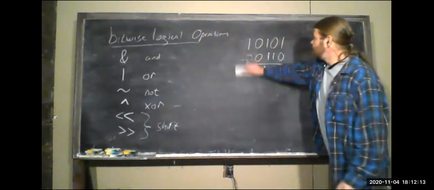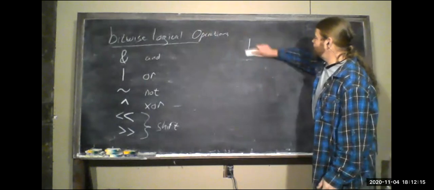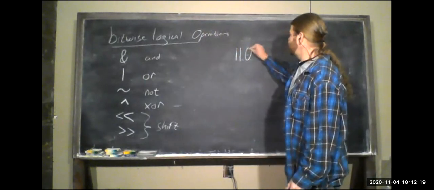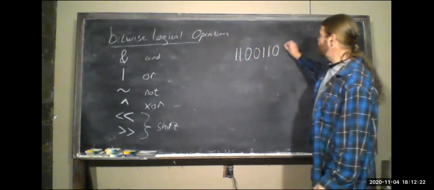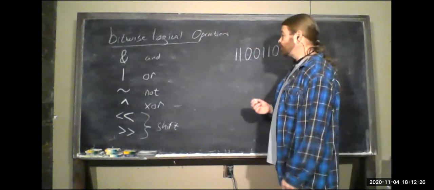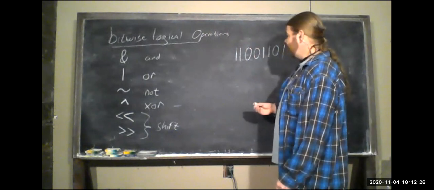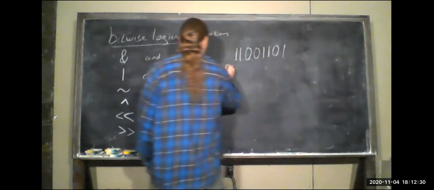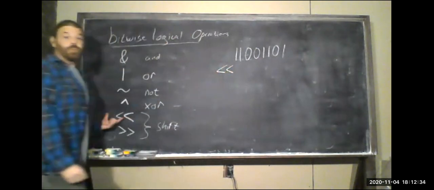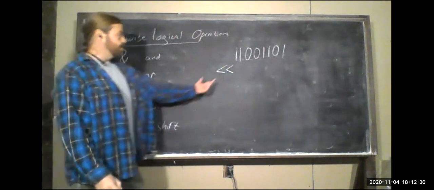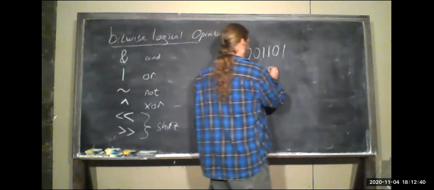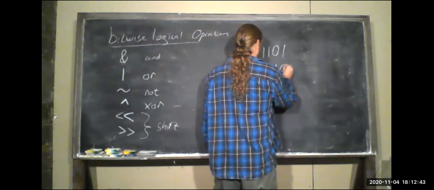So I'll set up some sort of an example, 11001101. So we have 1 byte here, and the shift operator, the arrows point the way we're moving our bits. So we'll shift left by maybe 3 bits, 0, 1, 0.